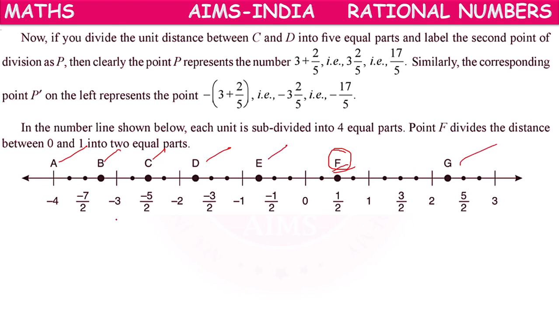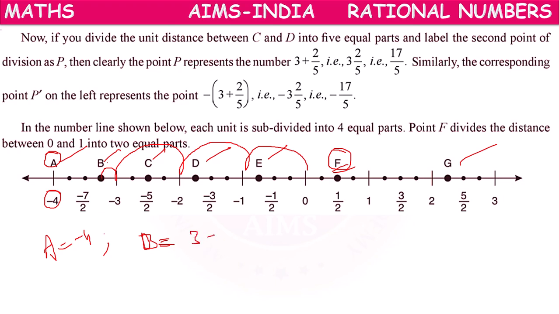Now, according to this number line, what does A represent? So directly they have given A equal to minus 4. What about B? B means 0 to 1, one complete unit, second complete unit, third complete unit. After that, 1 by 4th part, because out of 4 parts, B is the first part.